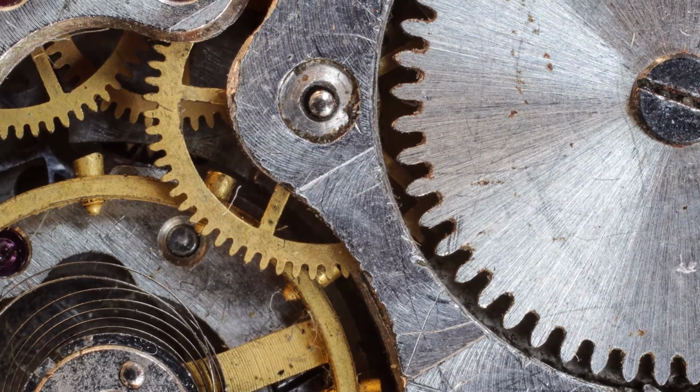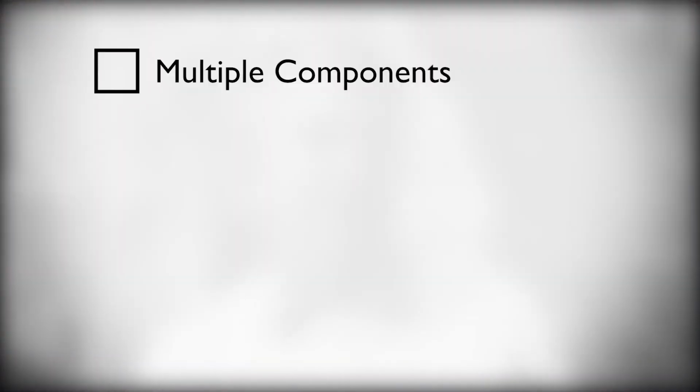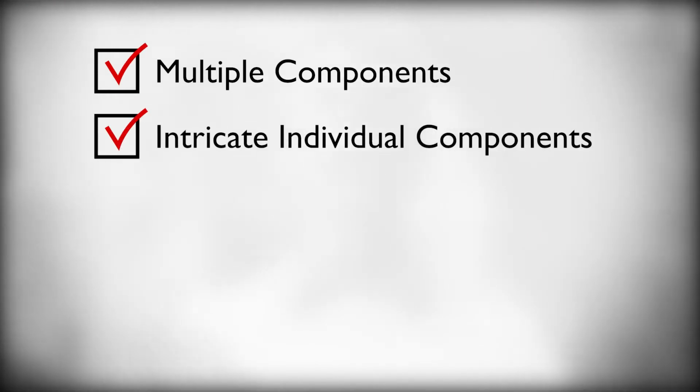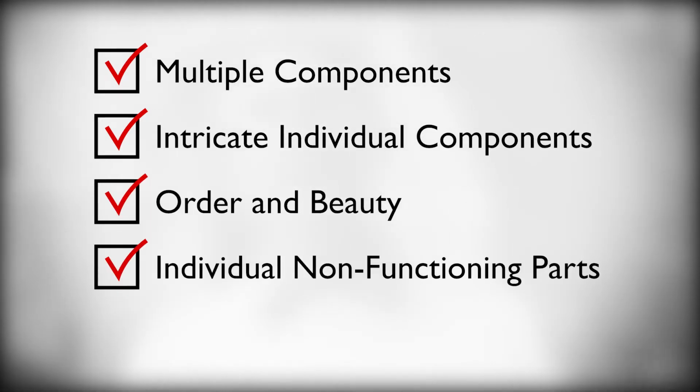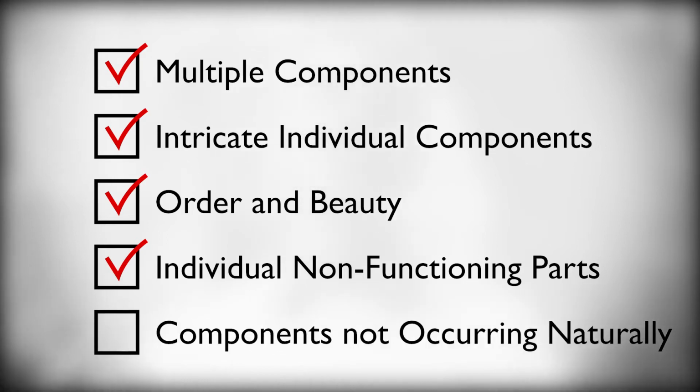Now let's take these principles and apply them to life. Any form of life, even the most simple single-celled organism, is made up of multiple components that don't occur naturally. In complex forms of life, all the parts have to be there or it could never be alive.